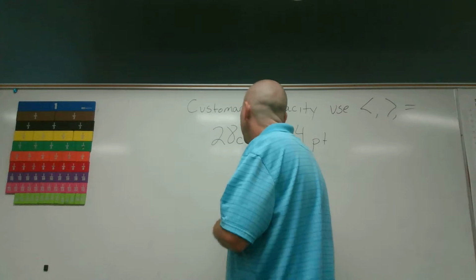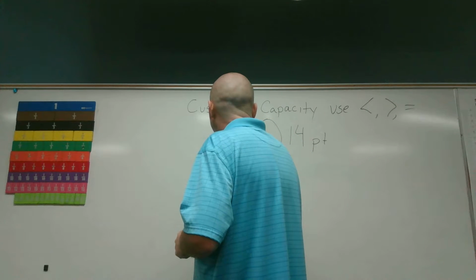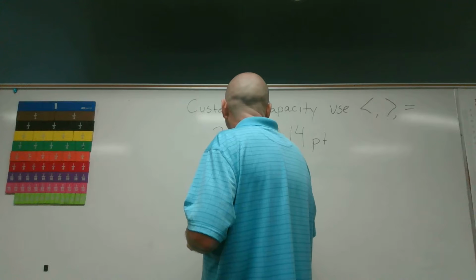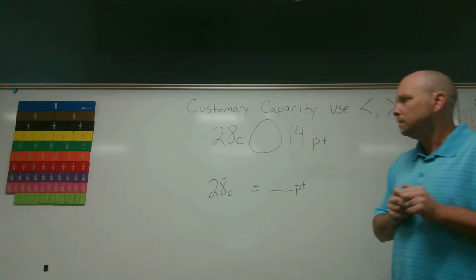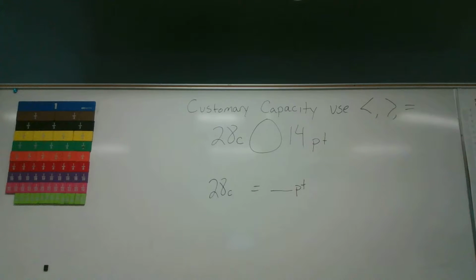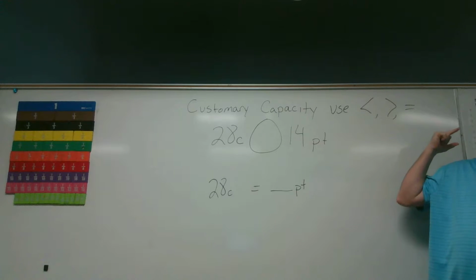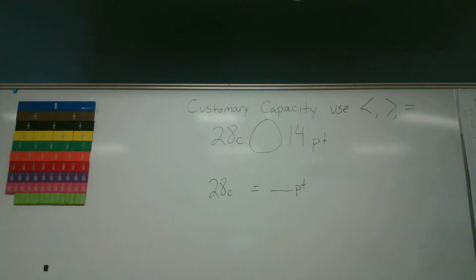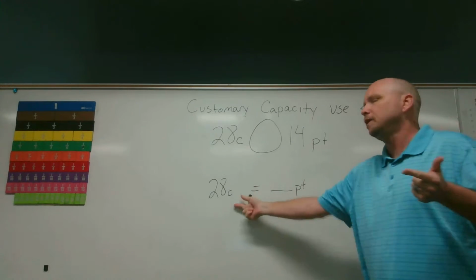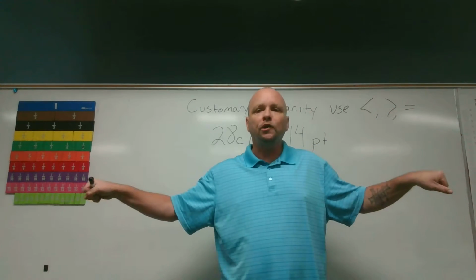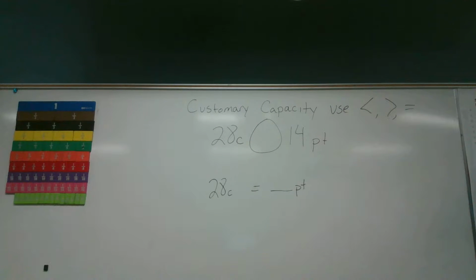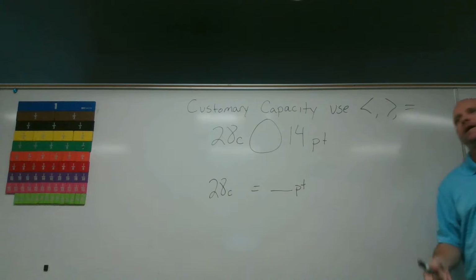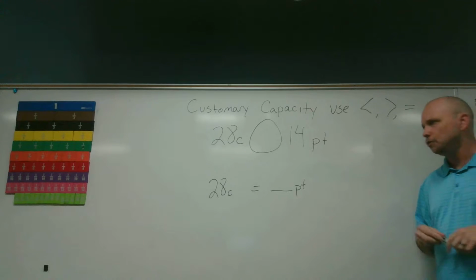So we want to figure out 28 cups equals how many pints. Now we just look at how many cups are in one pint. And since we know we're going from smaller to bigger, we know we're going to divide. So, Morgan, how many cups are in one pint? 2.